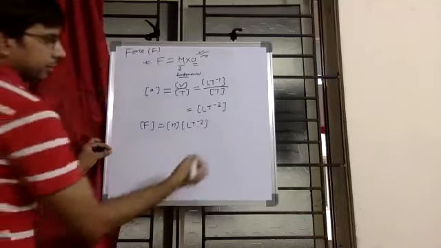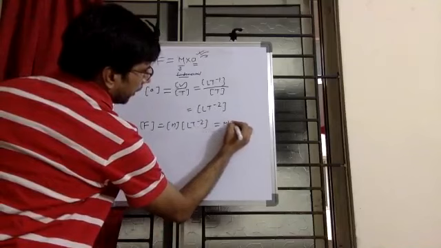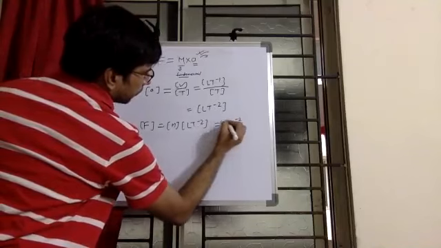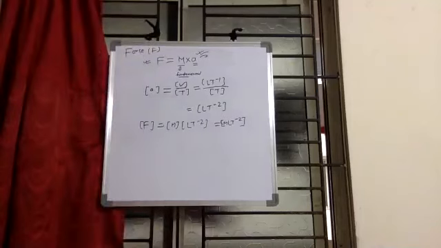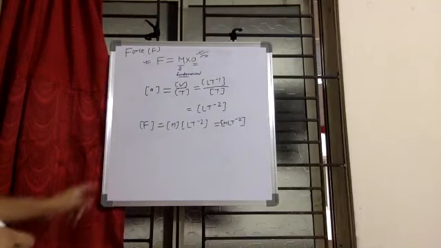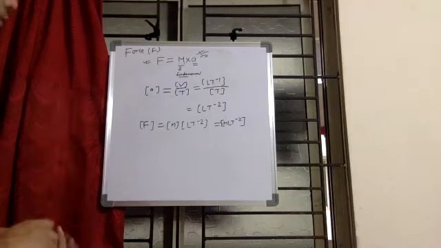So the dimension of force is M L T minus 2. In this way, we are going to calculate the dimension of all the derived physical quantities.